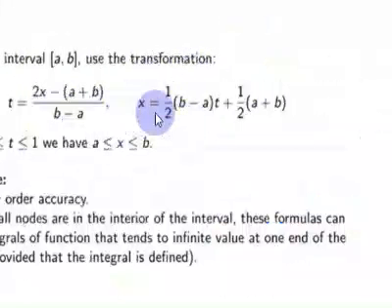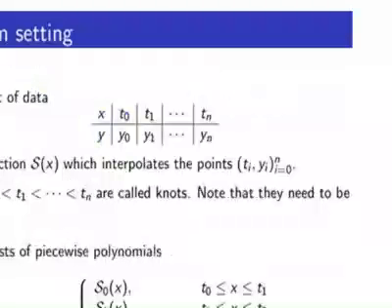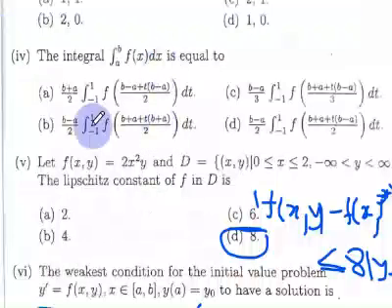So dt over dx would be 2 over b minus a, then dx would be b minus a over 2 times dt. So you can remove this, the solution would be one of these.